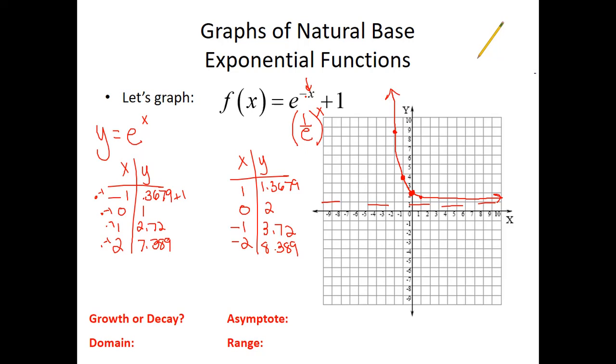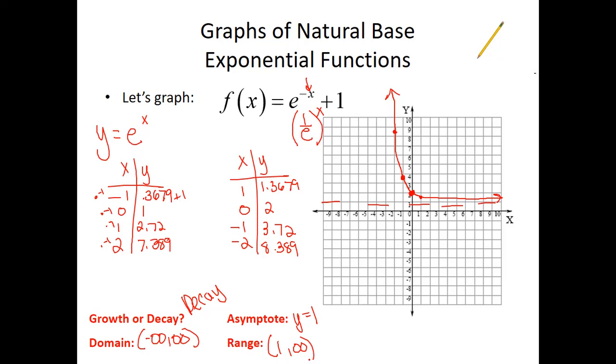That would be why we get a decay graph, because this is a number less than 1. So that causes me to get a decay in my particular graph. So I get decay here. Got an asymptote of y equals 1. Domain is -infinity to infinity. My range would be from 1 to infinity.